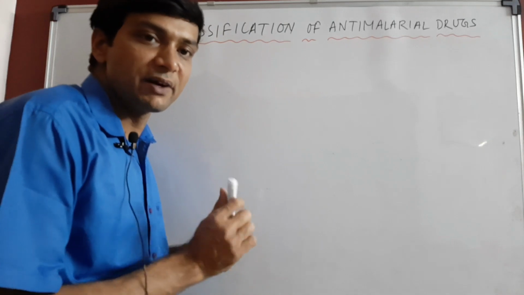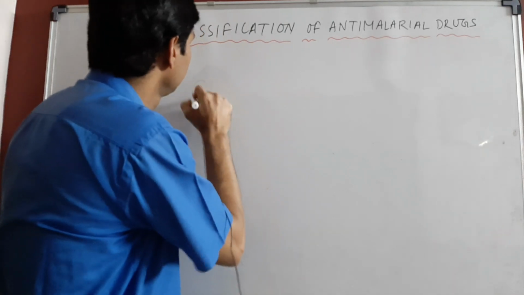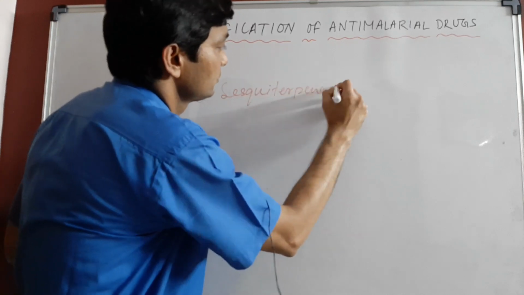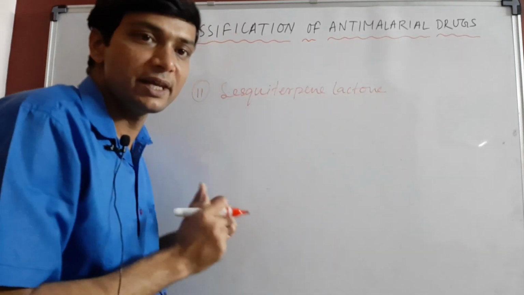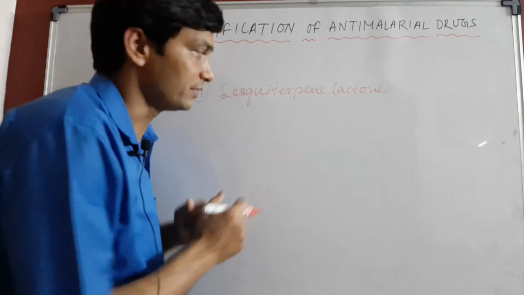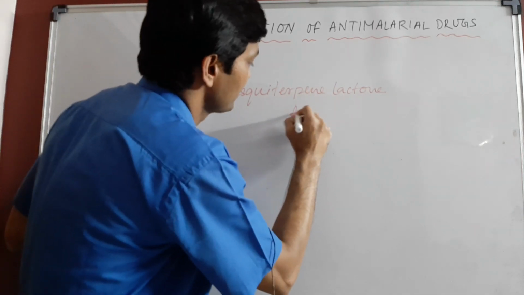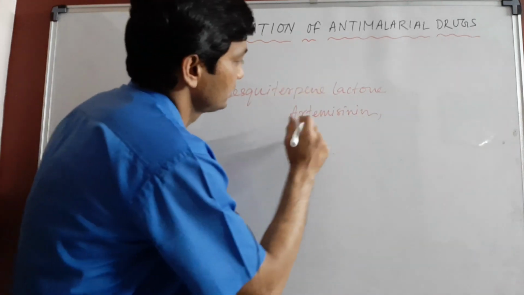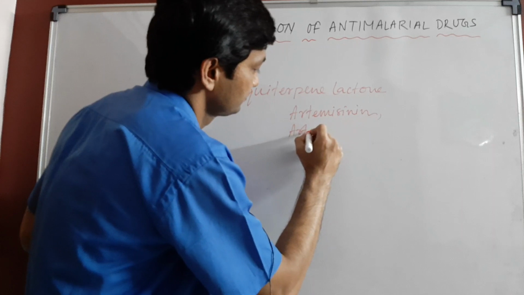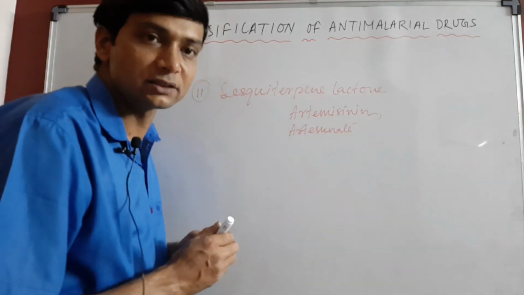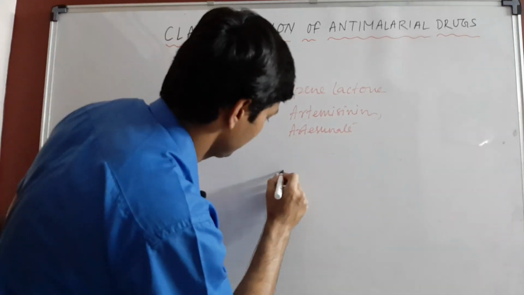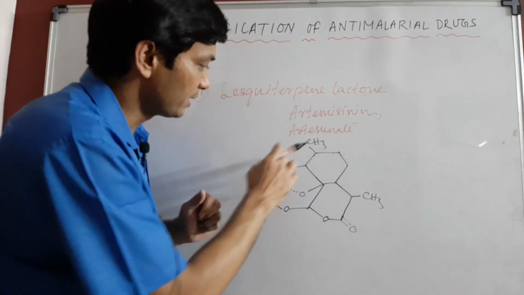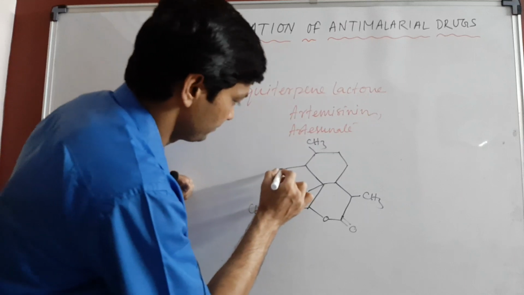The next class of antimalarial agents is the sesquiterpene lactones. This is a very important class of antimalarial agents. An example is artemisinin. Another example of this class of drugs is artesunate. This is the chemical structure of artemisinin.